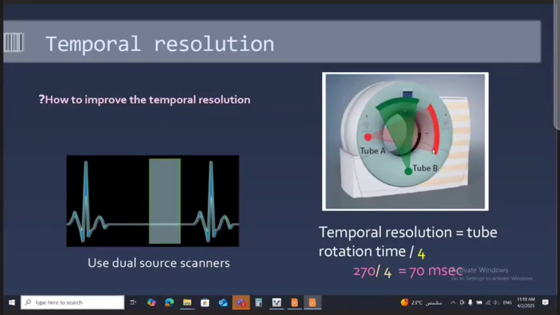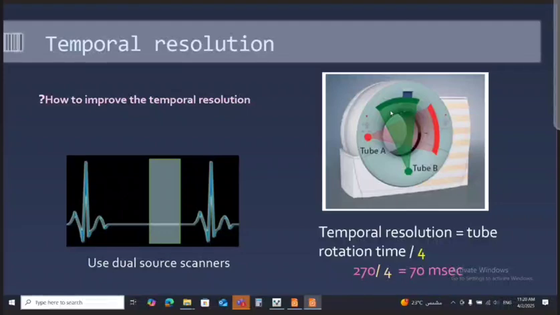You can imagine this tube, the red tube, will move to this side, and the green one will take the side of the red one, and so each of them moves 1/4 of the cycle, resulting in irradiation of half the cycle.